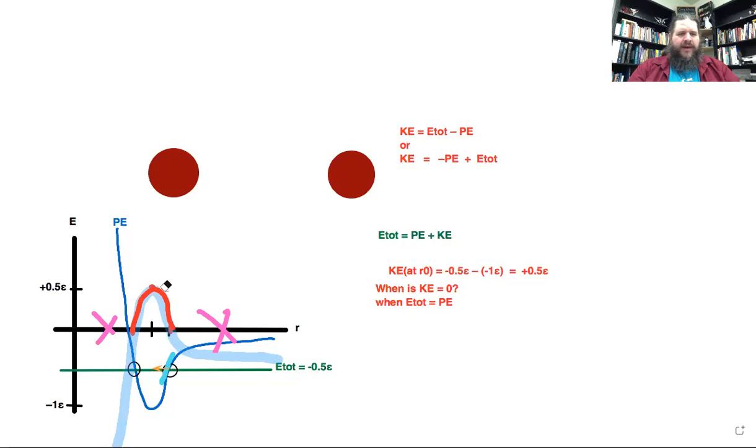So if we try raising the energy, because remember this kinetic energy graph is because we chose this specific E total. Let's say we raise E total.